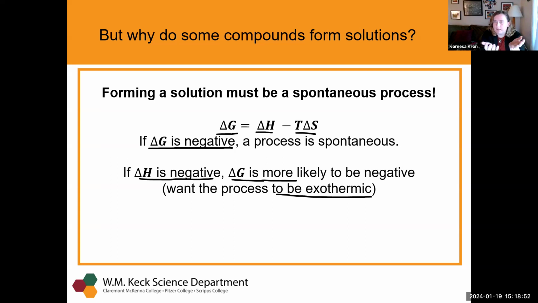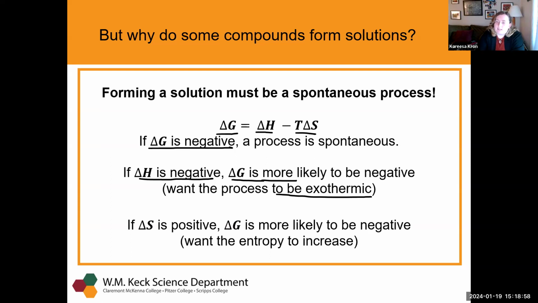So this could help us. It's not required, but it's useful. The other thing that we need is we want delta S to be positive, or we want the entropy of our system to increase. And so both of these will help us determine if our process would be spontaneous.